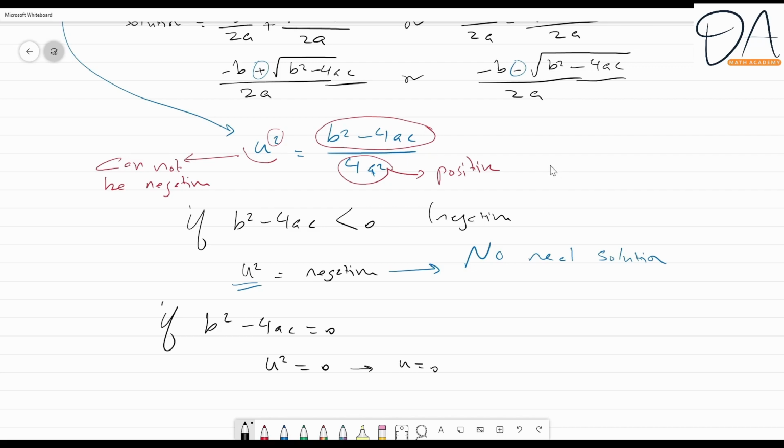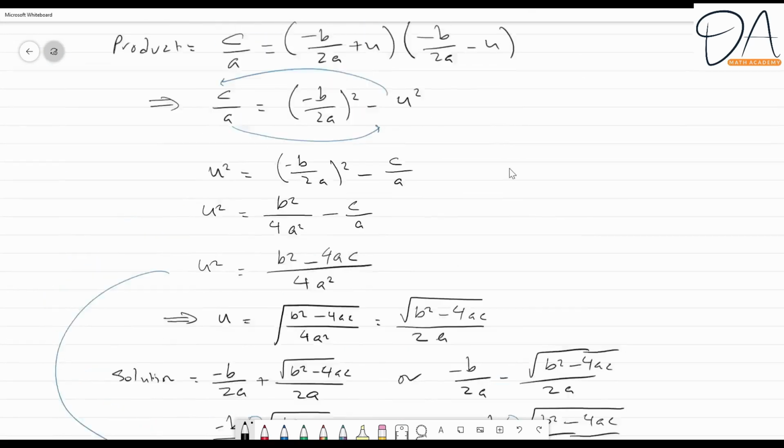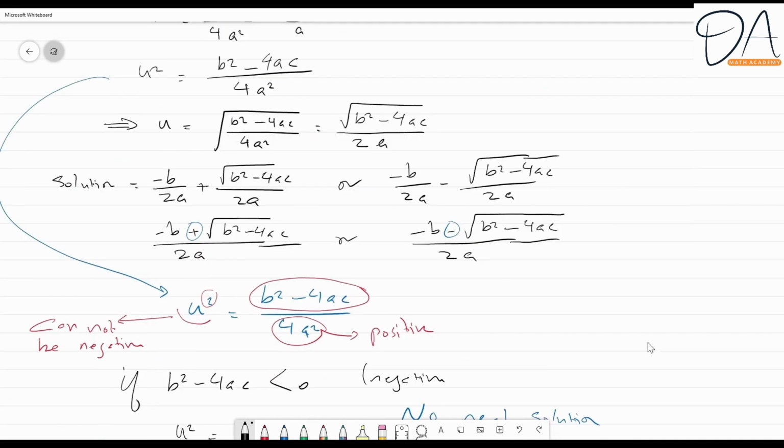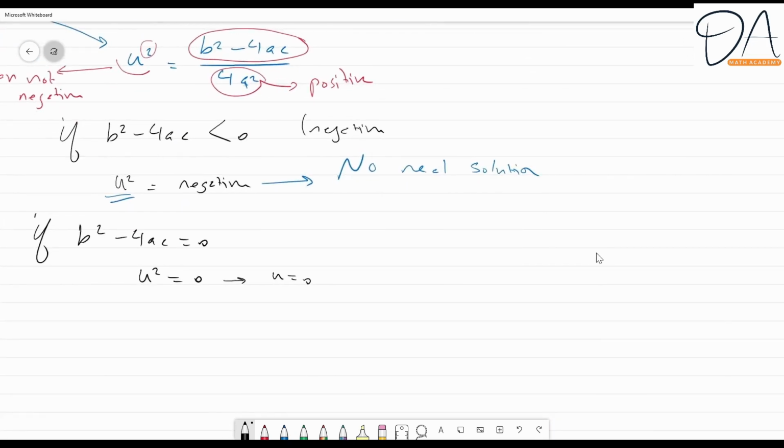Now, our solution will be, you remember, this is our assumption, the midpoint plus u and the midpoint minus u. Since u is 0, you can see that we are getting just one solution, minus b over 2, because both of these will give you the same thing when u is equal to 0. So here we are getting one solution.